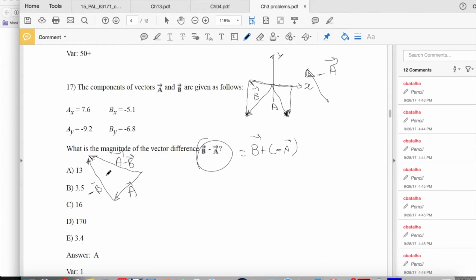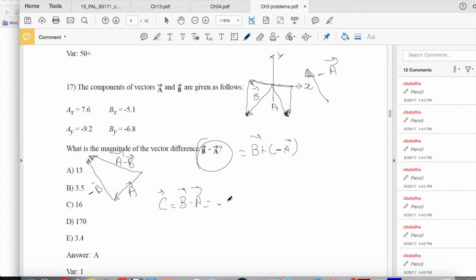Okay. Now, how do you find the magnitude? Well, if the projections are given, it's much simpler. So you think about C as B minus A, right? Which means, what is B?